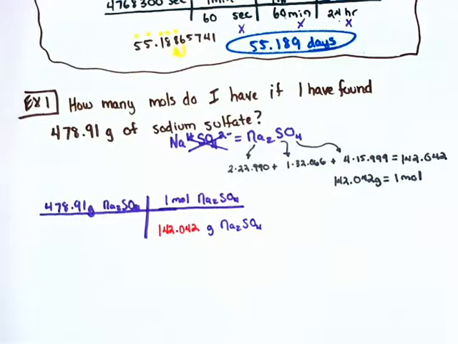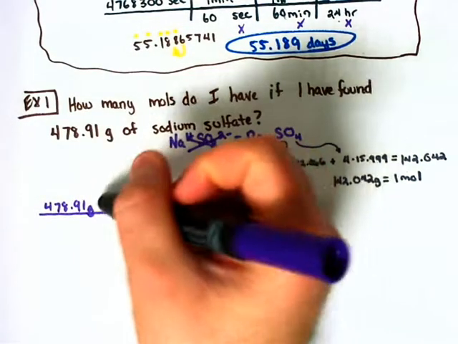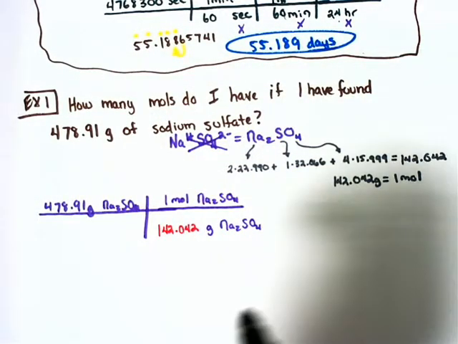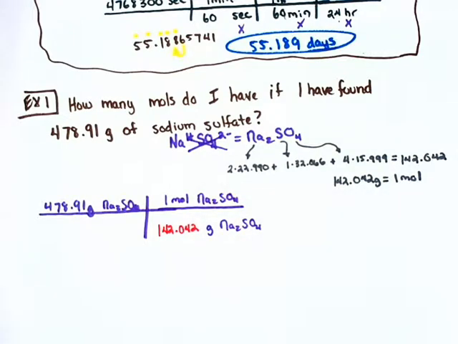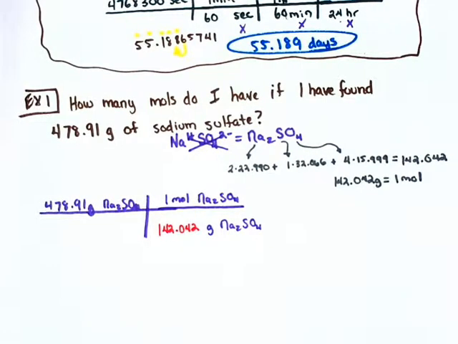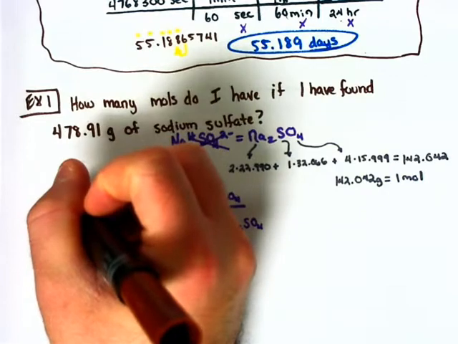We solved this problem, right? Multiply this by 1, same number. Divide it by 142.042. Why don't you write that out real quick? Take 478.91 divided by 142.042. Let's see what you got. How many sig figs can I have? 5, right? The original 5 right there I can have.